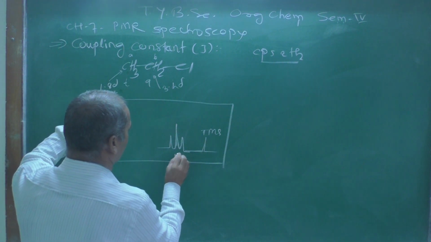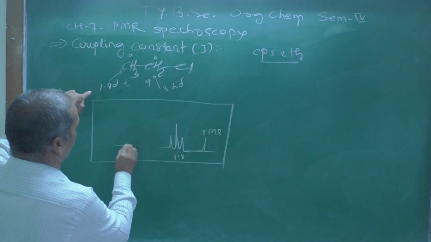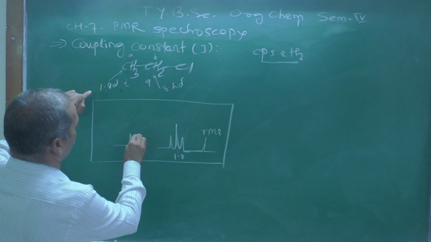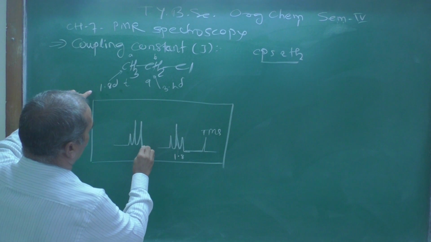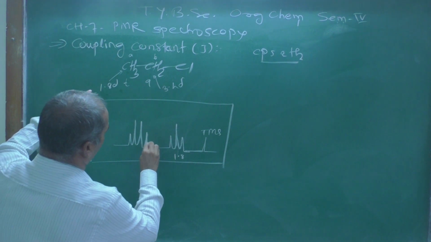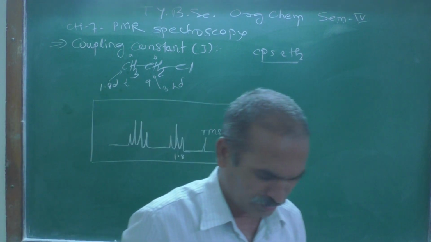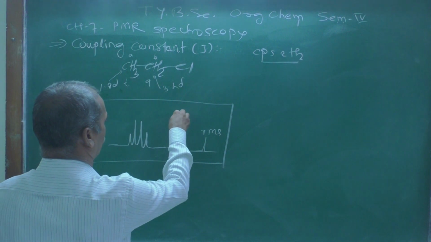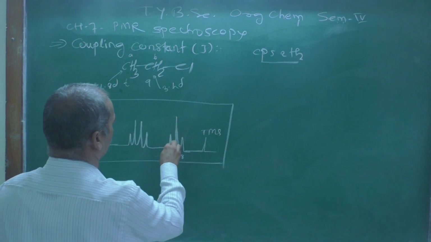It remains as it is, 1.8 delta, and see here another peak due to this. This is a quartet, and that quartet looks like this. Look at these peaks which we are getting over here.